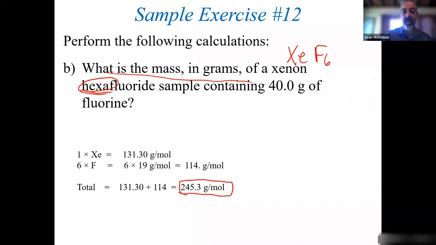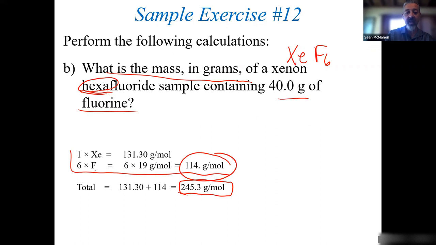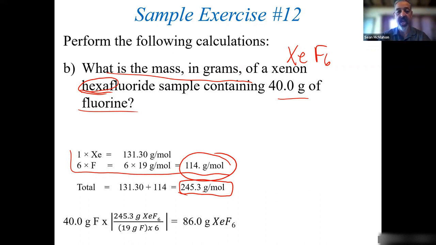What is the mass in grams of a xenon hexafluoride sample containing 40 grams of fluorine? Well, in xenon hexafluoride, there's 114 grams of fluorine per 245.3 grams of xenon hexafluoride, so I can just do that ratio.